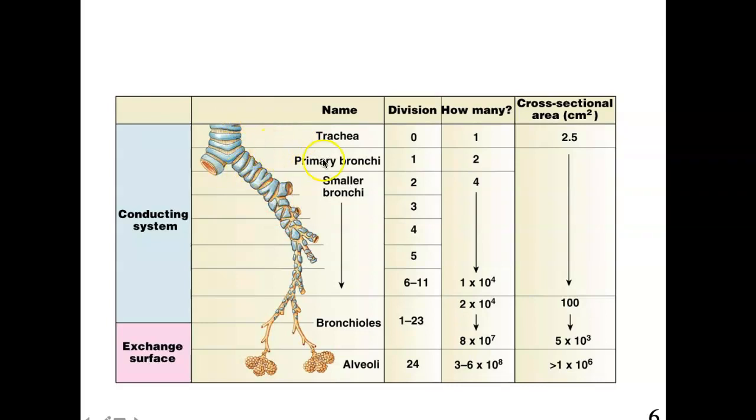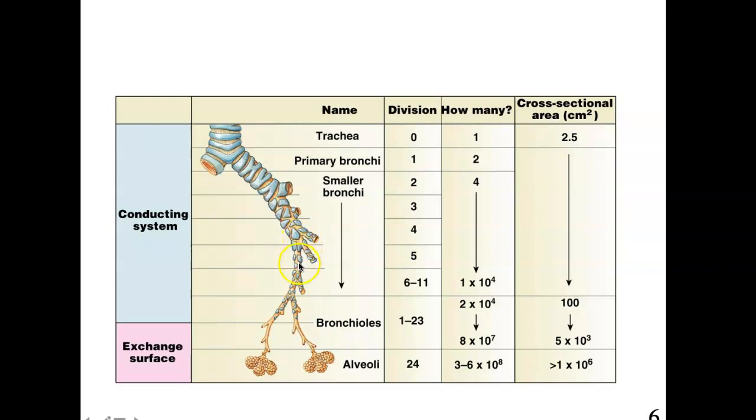So that would be the primary bronchi. And then it's going to branch again going into the lobes of each side of the lung. So those are the smaller bronchi. And it goes branching and branching. Notice how it goes losing some of its cartilage. Those cartilage rings are now gone and it's just pieces of cartilage.